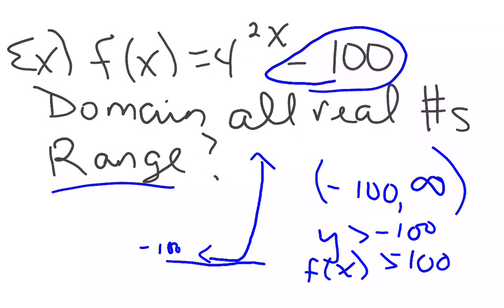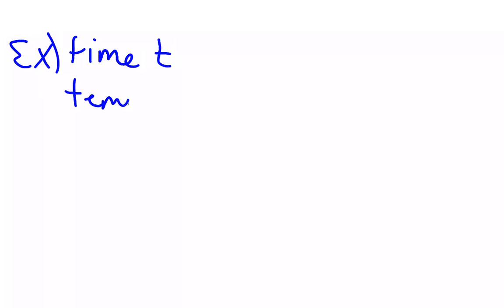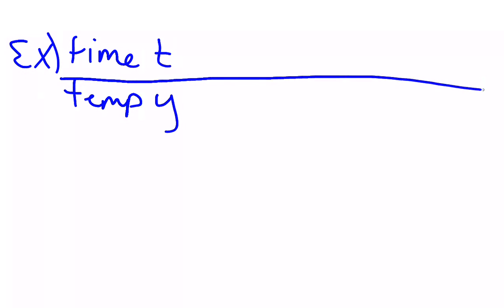All right, last example. Okay, they give us a table again. This time it says time, T, and temperature, Y, and gives us some information with that.